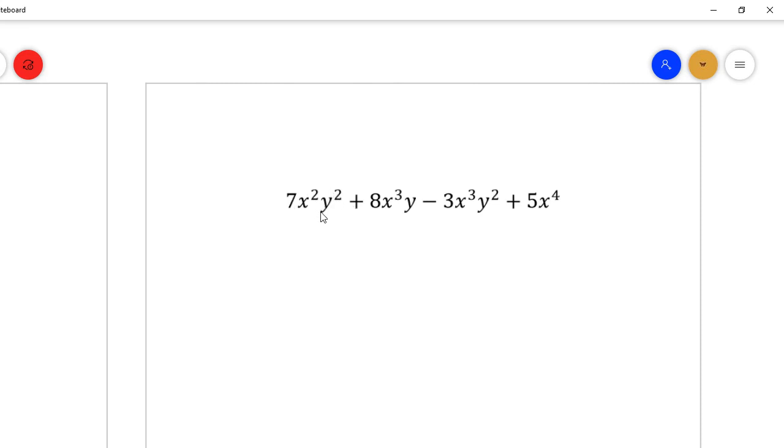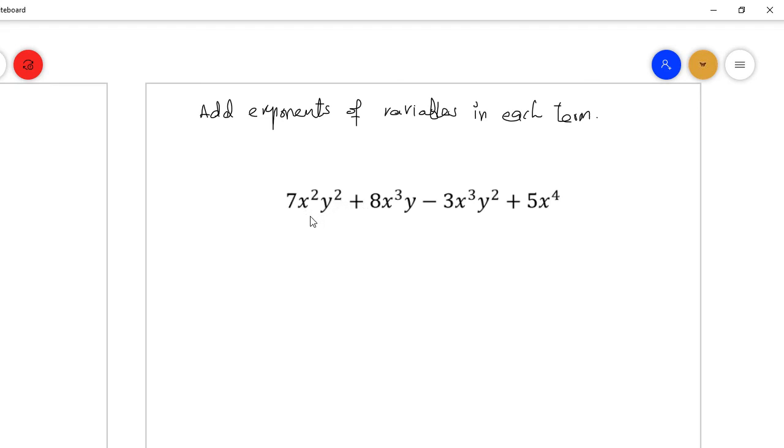So now how do we deal with these kinds of polynomials to find their degree? Let's check it out. First you have to note that if you have a polynomial with different variables, then simply add the exponents of the variables in each term.